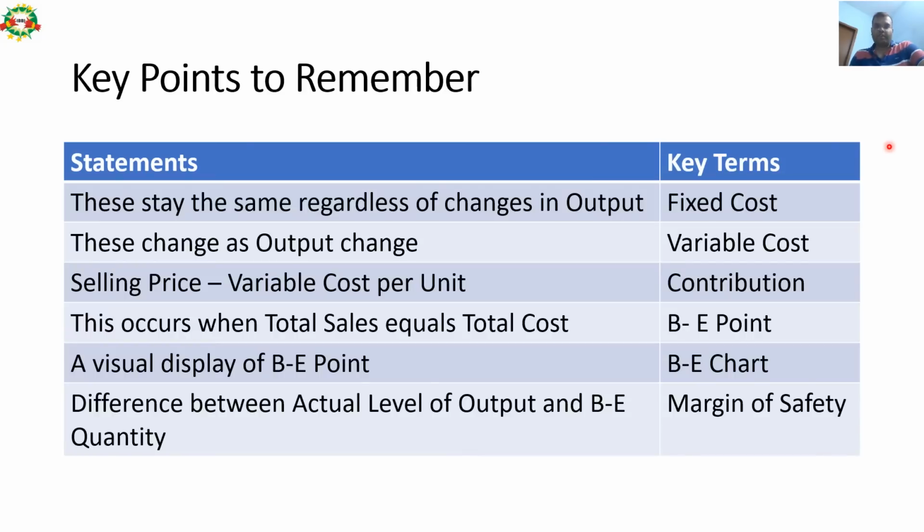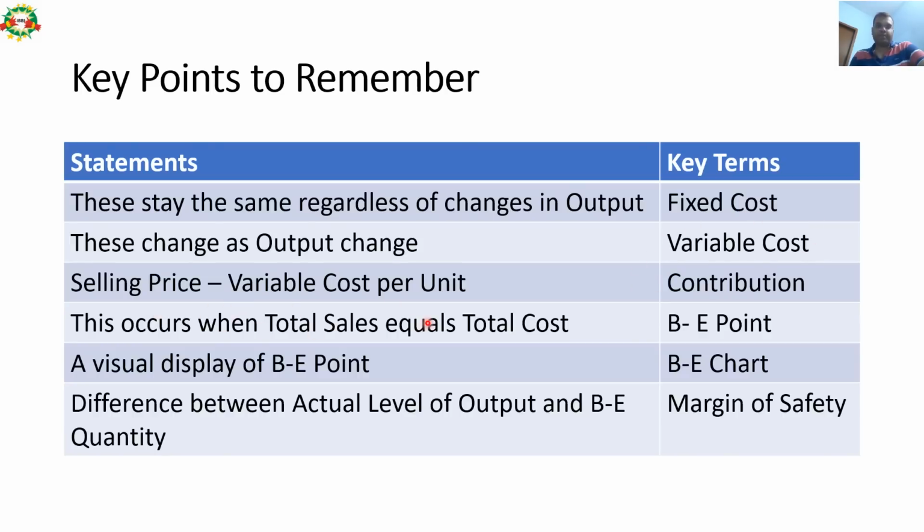So these are a few key points which are very important from an examination perspective. Please remember these key terms, right? If the examiner is talking about any statement which states that these stay the same regardless of change in output, that means the examiner is talking about fixed cost. If something is written that these change as output changes, that is nothing but variable cost.